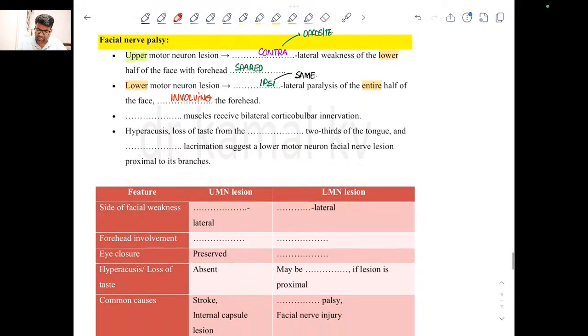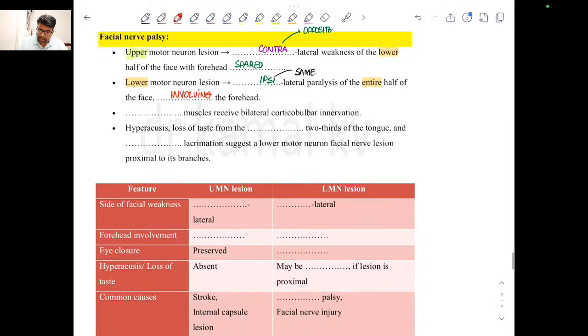So that's how you will differentiate. Now the forehead muscles, why are they spared? Because they receive bilateral corticobulbar innervation. So even if one side is gone, the other side will give them nerve supply, so they will keep on working. That's very important, right?